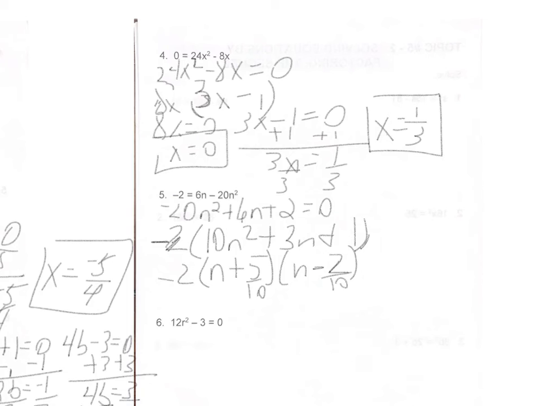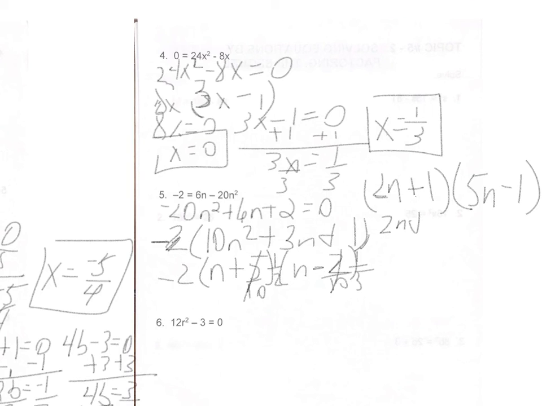So we have 2n plus 1 and 5n minus 1. Because this goes to 1/2 and this goes to 1/5.